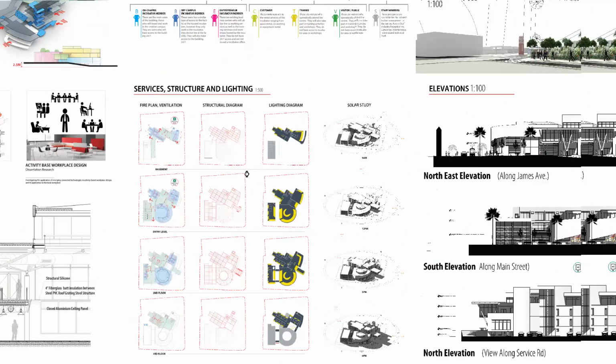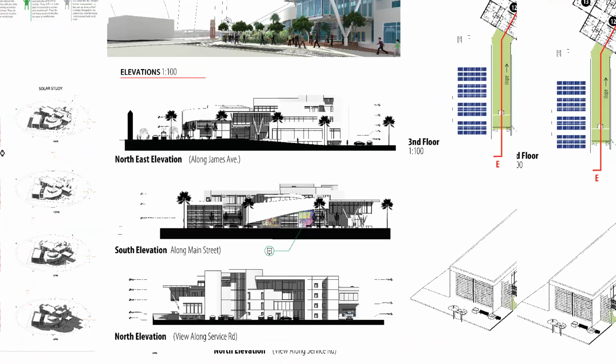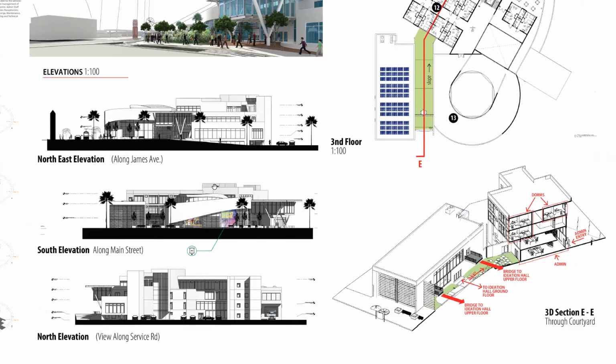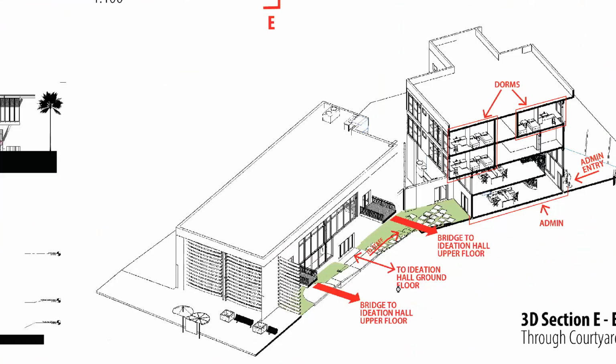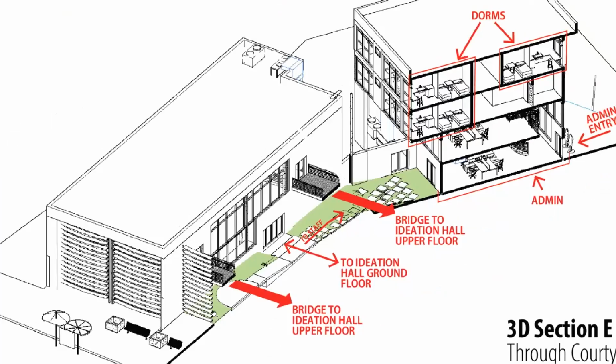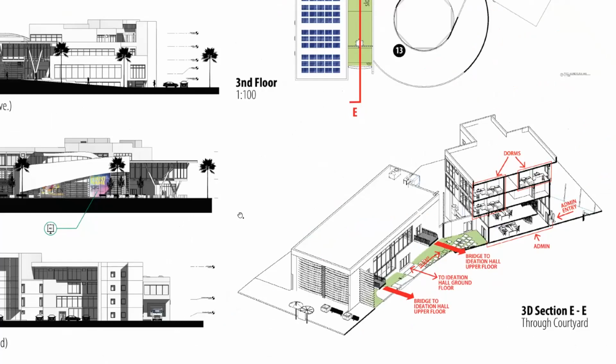Let's go over here. We also have a three-dimensional section through the building. And this is an interesting section because this section actually bends a corner, all right, because of the shape of the building, right? So all of these visuals are produced directly from the architectural program, right?